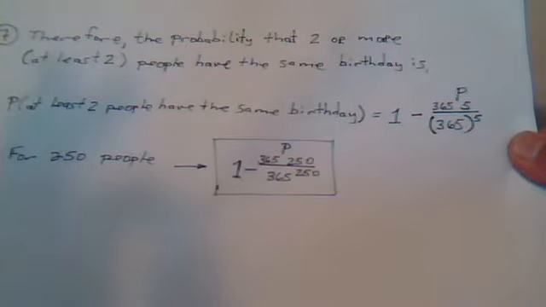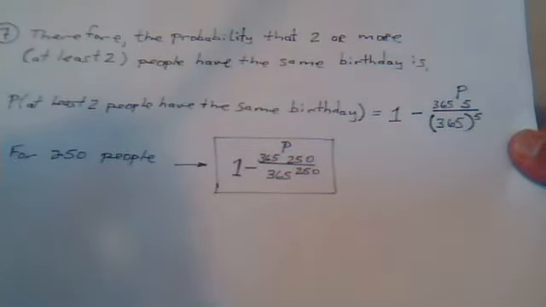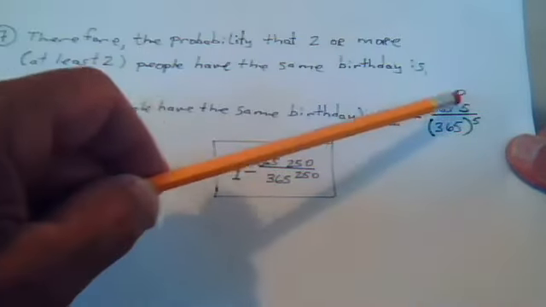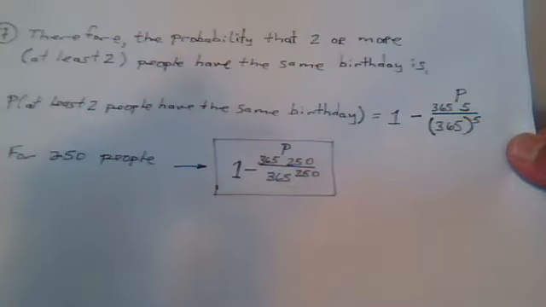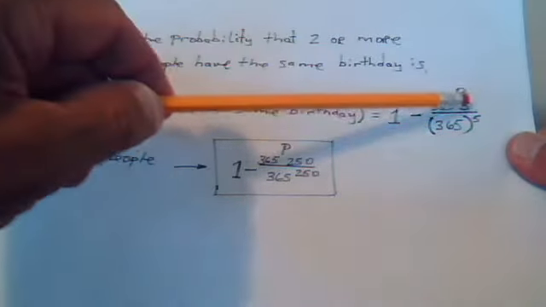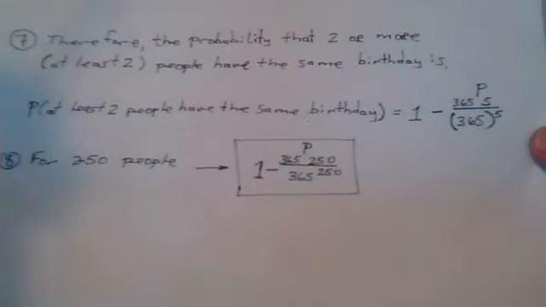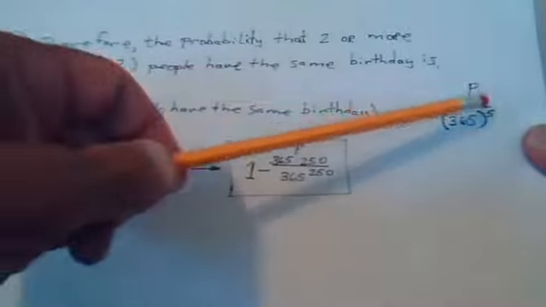But then we have to answer the original question. They didn't have 5 people, they had 250 people. But now we have a formula for that. Notice where the 5s are. The position of the 5s tells you how many people are involved. For the problem we started off with first, it had 5 people, so you put a 5 here. But for the original question, they were asking about 250, so all you have to do now is put the 250 where the 5 was.